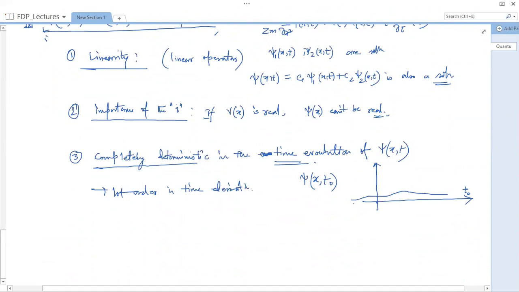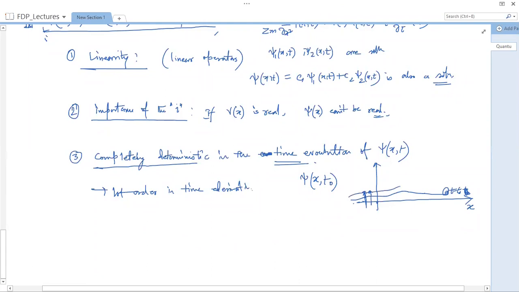So basically now if we know this, at each point x we know psi x t naught at the next point, because we know the wave function at all positions x. So this is the x variable and this curve is at t equal to t naught. We know what is the point in the next time t.